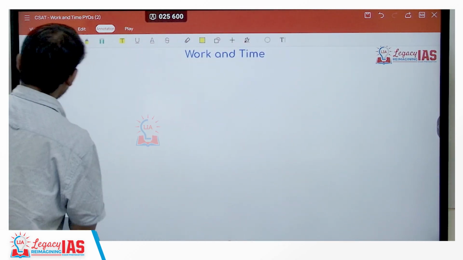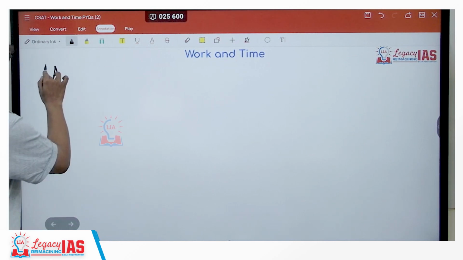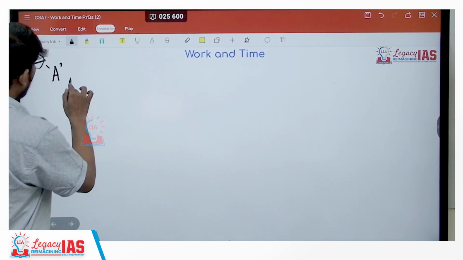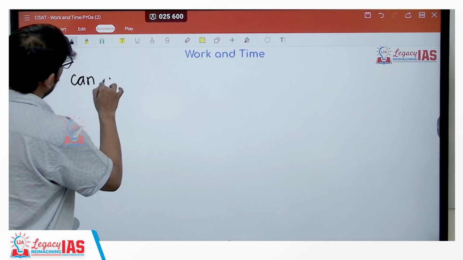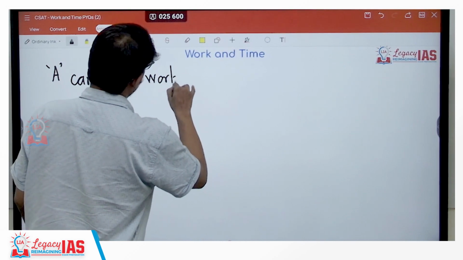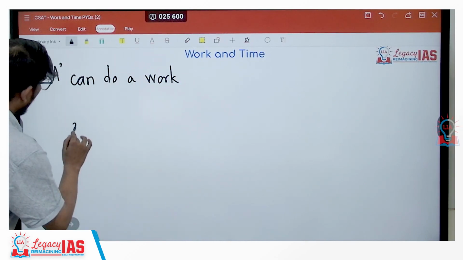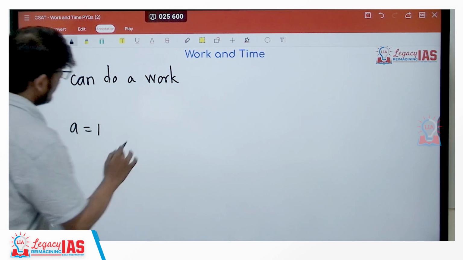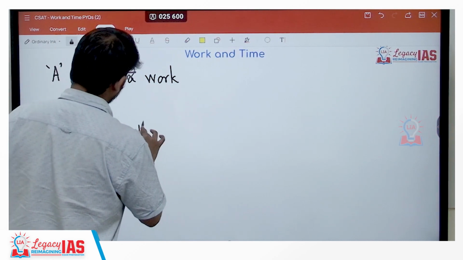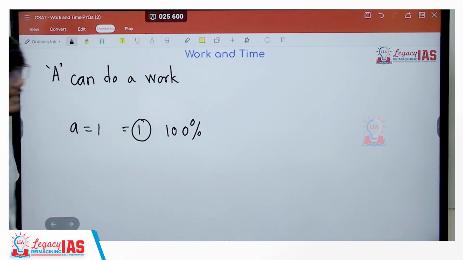So if I say that there is a person A who can do a work. So guys, whenever we say can do a work, it means one complete work, that means 100% of the work.